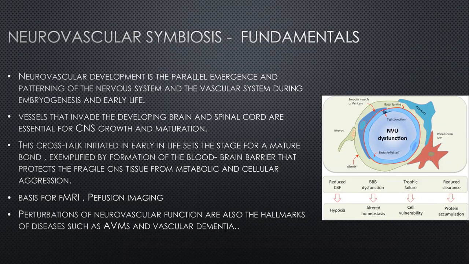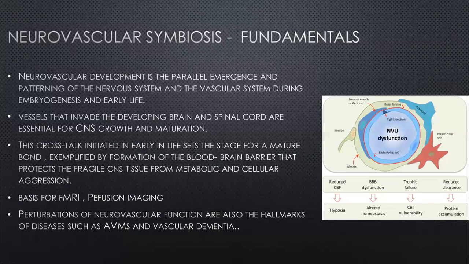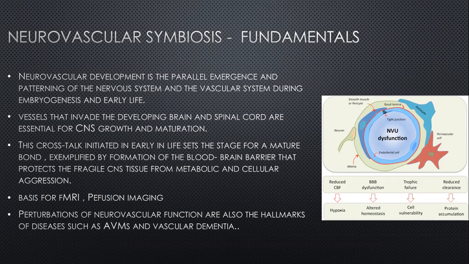Also important to realize that this symbiosis is what is so essential in all of these modern parametric imaging paradigms. So for example, in functional MRI or in perfusion imaging, it is this assessment of the functionality of the blood-brain barrier that is so essential. And perhaps you may have listened to some of this in the previous discussions with Dr. Chauvin.